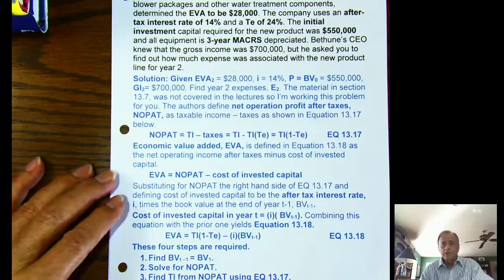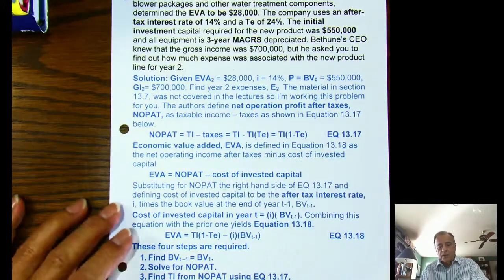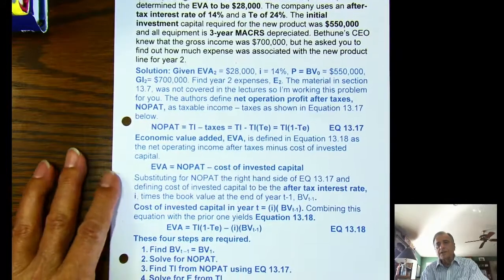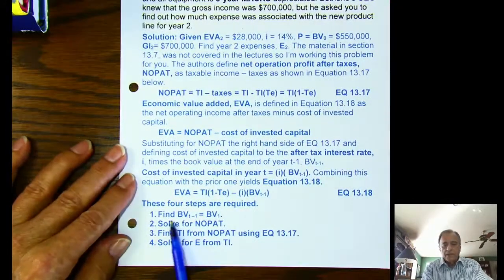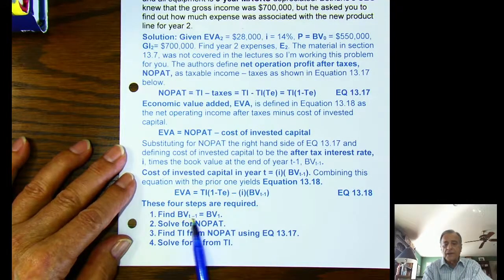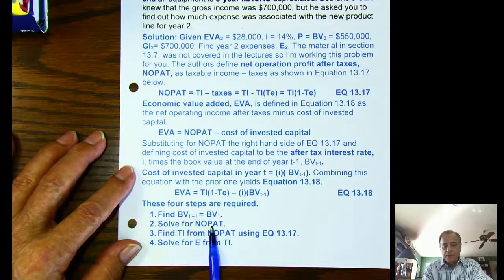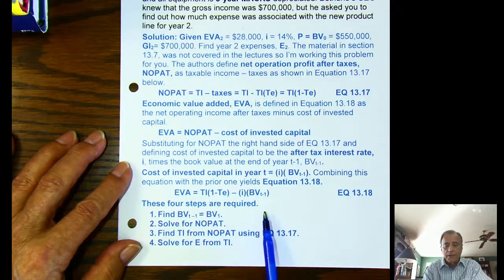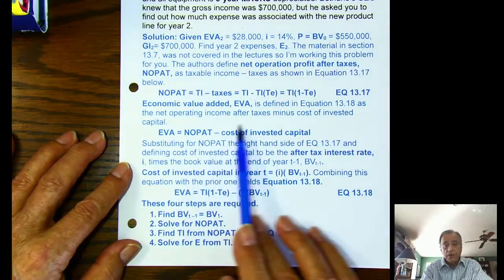So in order to solve now for the expenses in year 2, it's going to take a 4-step process. And these are the steps that are required. First, I need to find the book value at time 1. The next thing I need to do is, once I have the book value at time 1, I can solve for NOPAT.